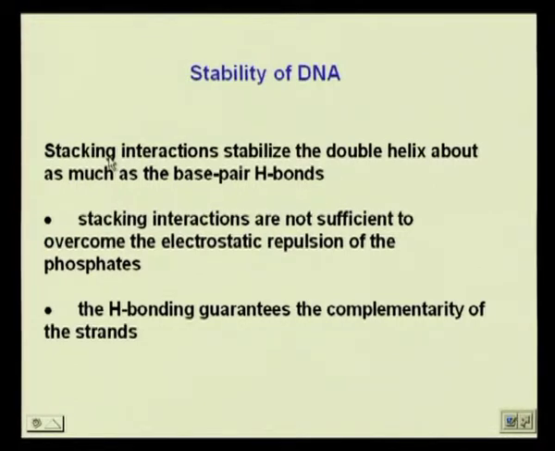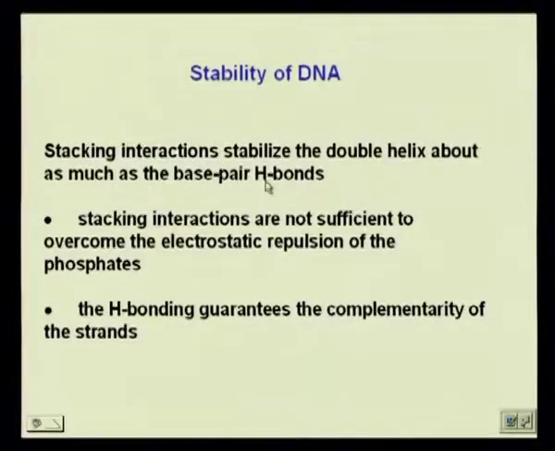The stacking interactions stabilize the double helix as much as probably close to the base pair hydrogen bonds, because what do we have in those cases? We have a pi-pi interaction, and we have a series of such pi-pi interactions, right. So, the stacking interactions actually stabilize the double helix as much as the base pair hydrogen bonds.